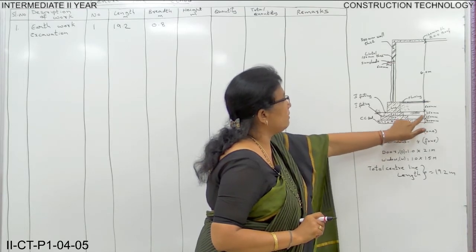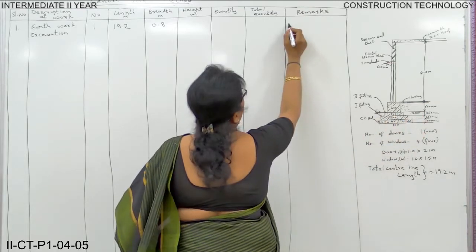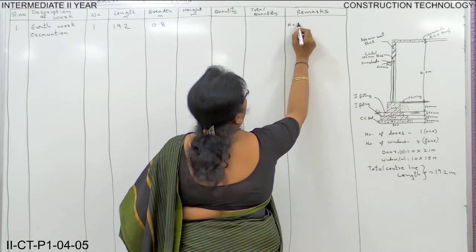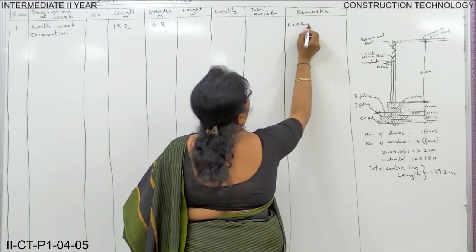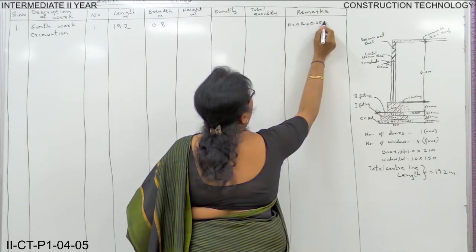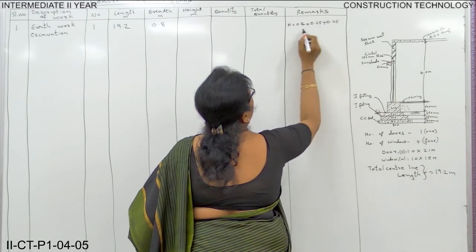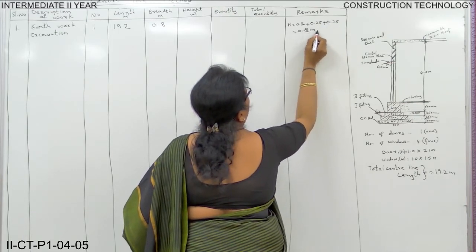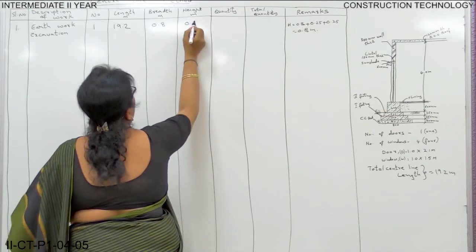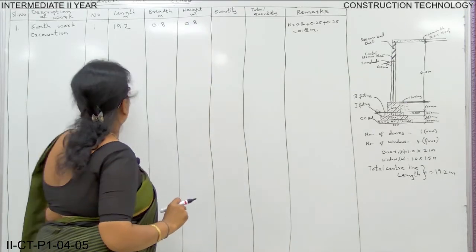So you have to add these three. That is, height is equal to 0.3 plus 0.25 plus 0.25. It is again 0.8 meters. So in the height column, you have to write 0.8.